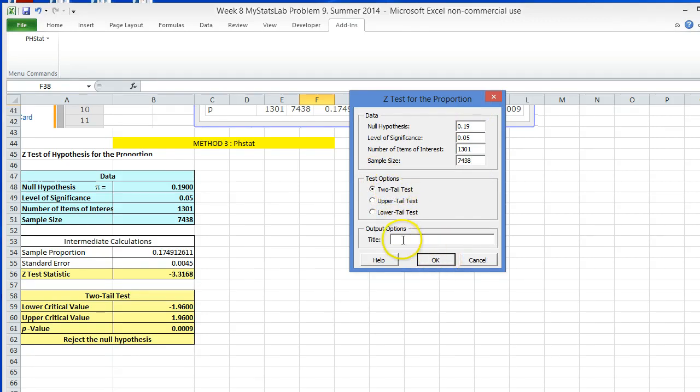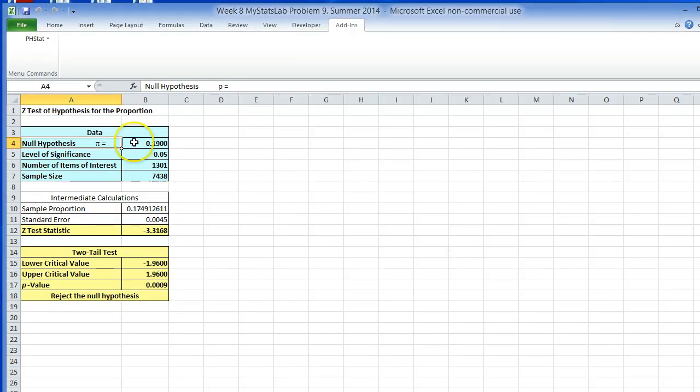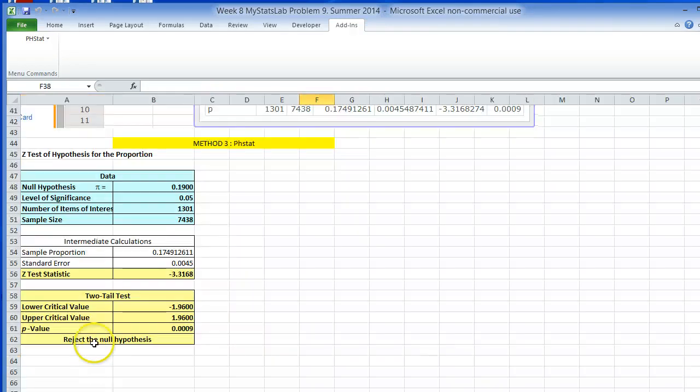Then we hit OK, and Excel is going to generate a sheet for you which has the results, and the results were copied here for you, and it actually hastens to the conclusion as well.